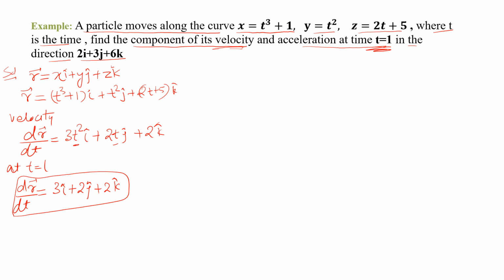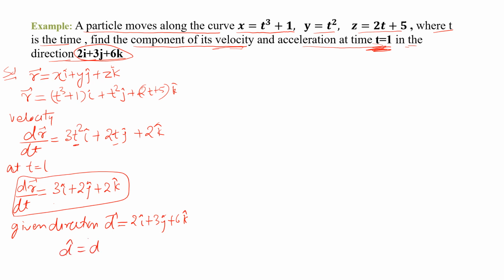Now we have to find the velocity at time t equal to 1 in the given direction. The given direction vector is 2i plus 3j plus 6k. So we find the unit vector of that direction.